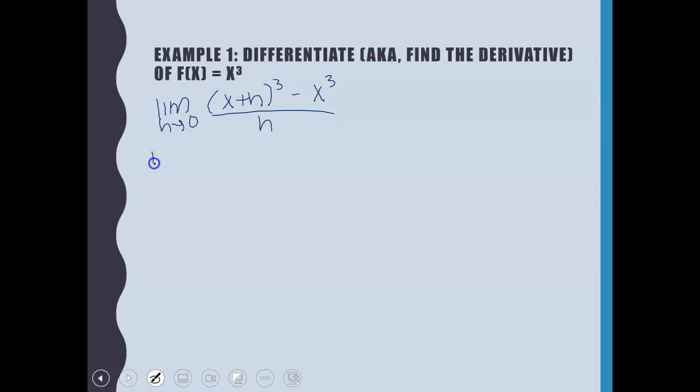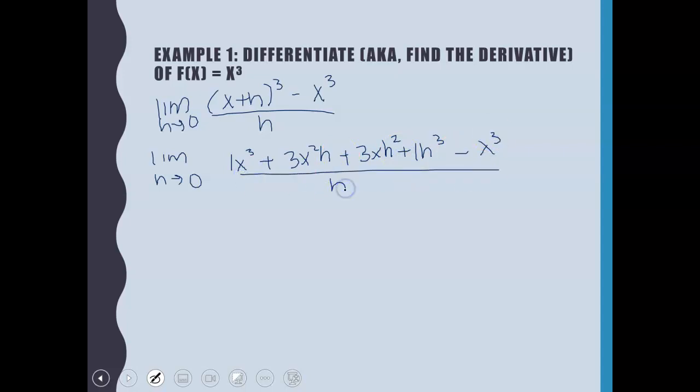So limit as h approaches 0, 1, 3, 3, 1, cubed, squared, linear, gone, cubed, squared, linear, gone, minus x cubed all over h.